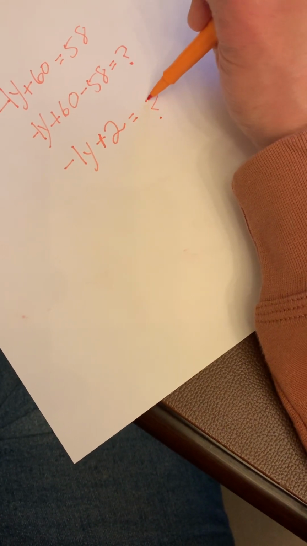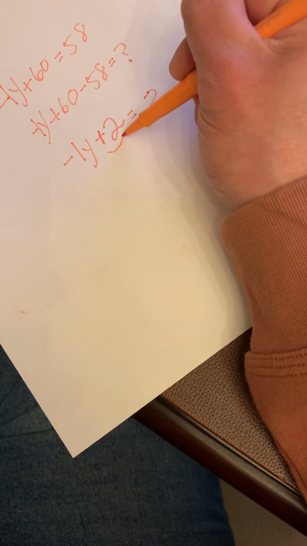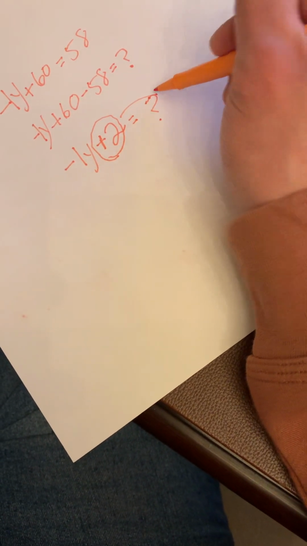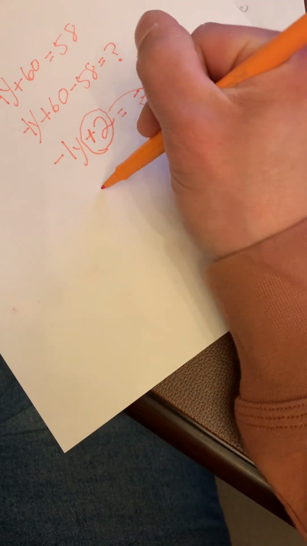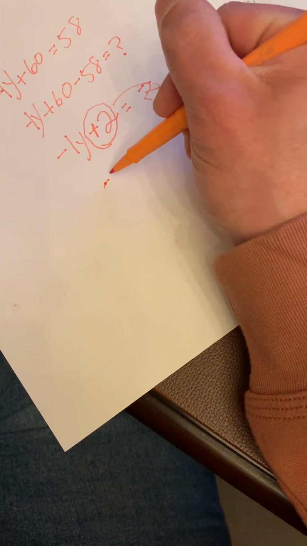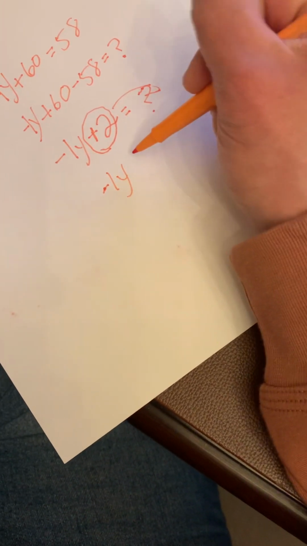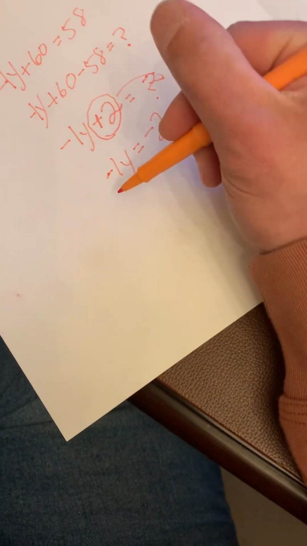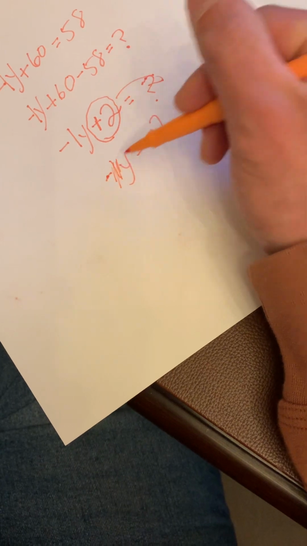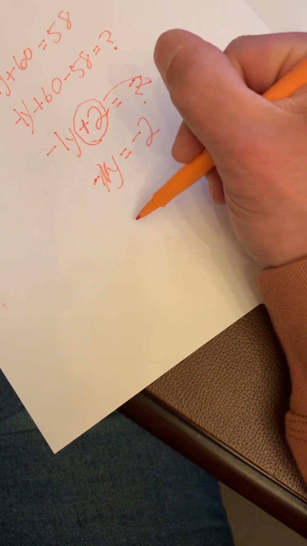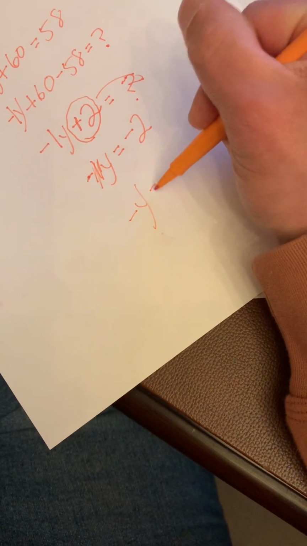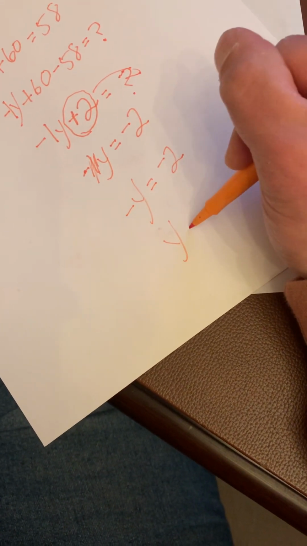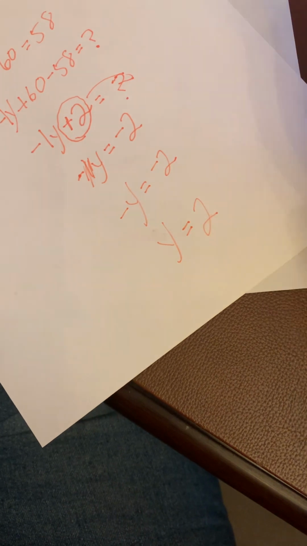Anytime a number switches sides, it becomes its opposite. So negative 1y would equal negative 2. And you can get rid of this 1 here, same thing, saying negative y. So now we have negative y equals negative 2, or y equals 2.